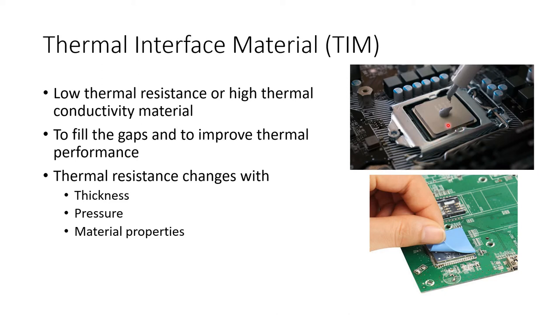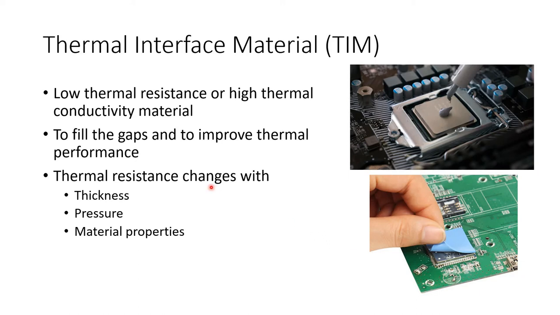The first one is a thermal paste, and the second one is a thermal pad. This is like a sponge, and you apply these thermal interface materials above the case of the device, and then you put the heatsink on top of this thermal interface material, and then you apply some pressure to reduce the thermal resistance between case to heatsink.